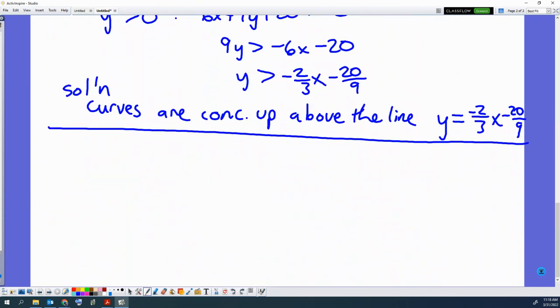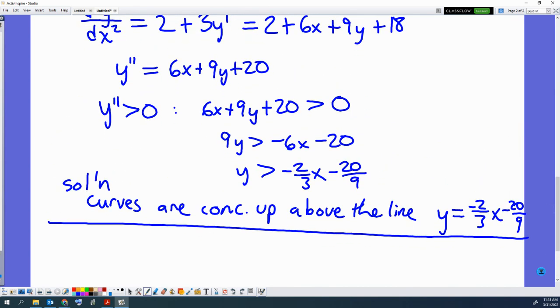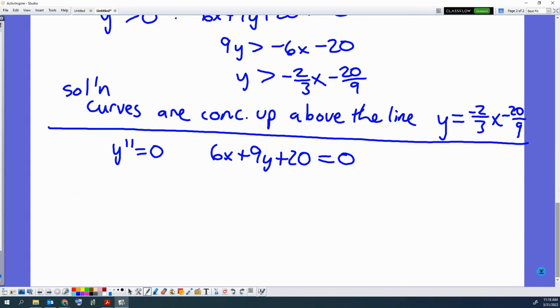We set it greater than 0, but setting it equal to 0 is the same thing. So if you take the second derivative, y double prime equals 0, you get 6x plus 9y plus 20 equals 0, and that will yield this line. As an equation, when we solve, we'll get y equals negative 2/3 x minus 20 over 9.